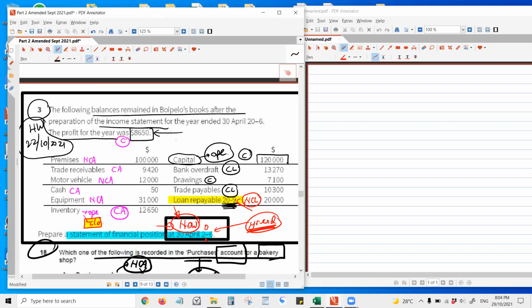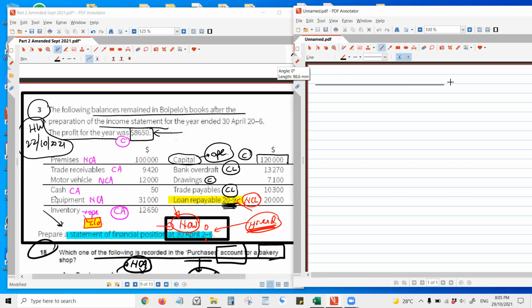So SOFP, statement of financial position. It's quite easy to prepare. Just follow the accounting equation, A equals C plus L. So the heading, copy from the line highlighted in light blue, statement of financial position, at April 2026.